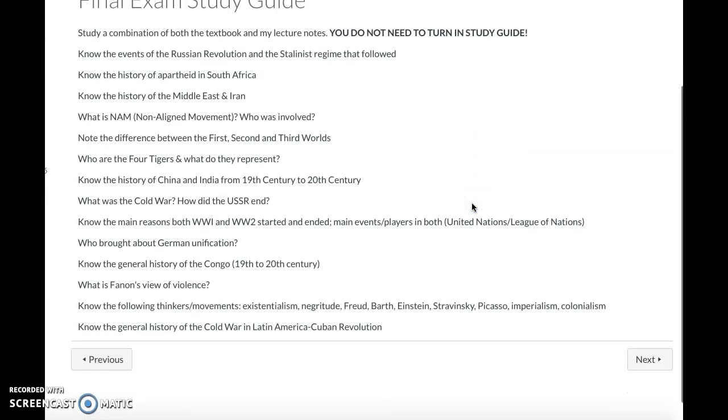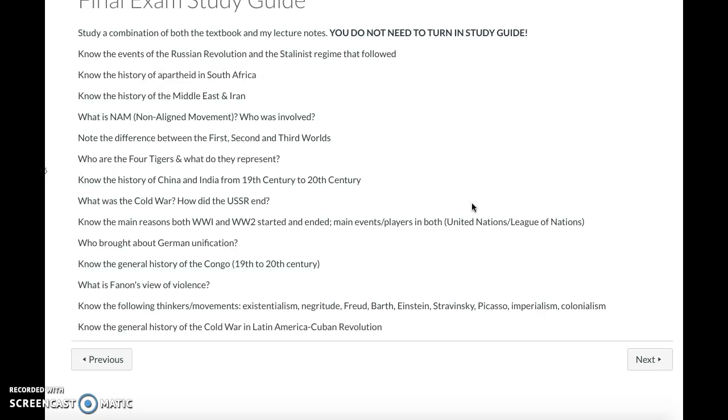So first of all, you're going to need to know the following. I would definitely look at the events and the players involved in the 1917 Russian Revolution by the Bolsheviks, led by Lenin. So you need to know what Leninism is.